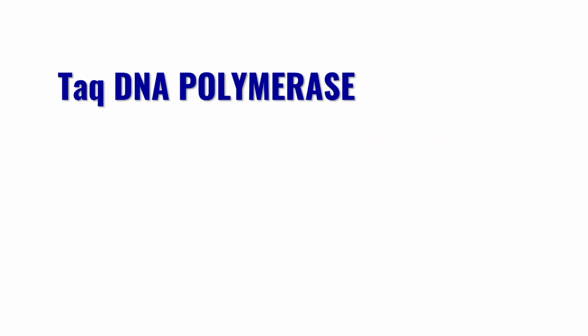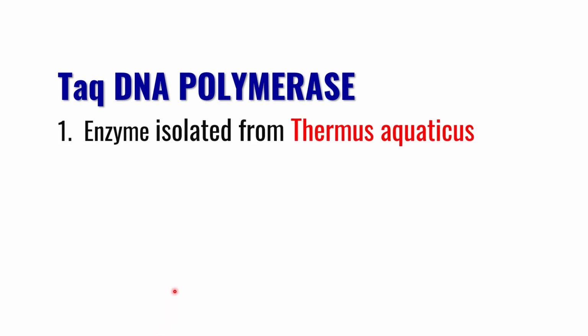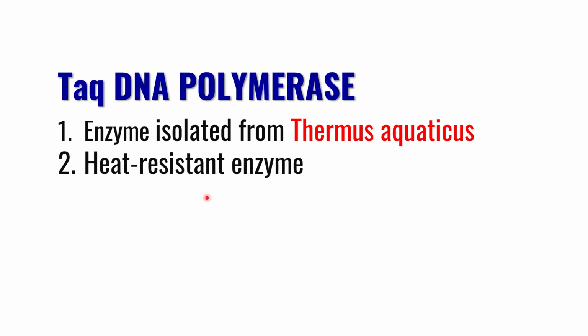The last requirement is the enzyme, Taq DNA polymerase enzyme. This is a special enzyme, isolated from a thermophilic bacterium called Thermus aquaticus. The enzyme isolated from this is known as Taq DNA polymerase. This is a heat-resistant enzyme.